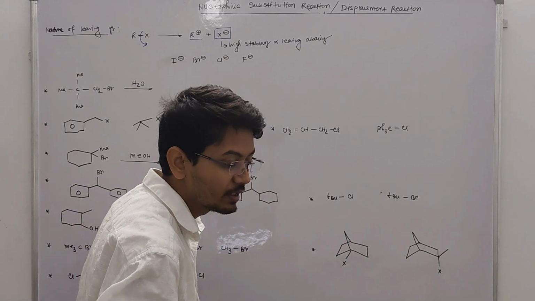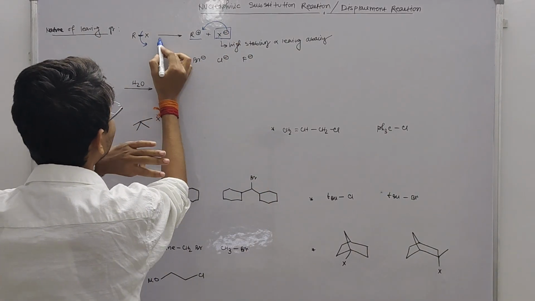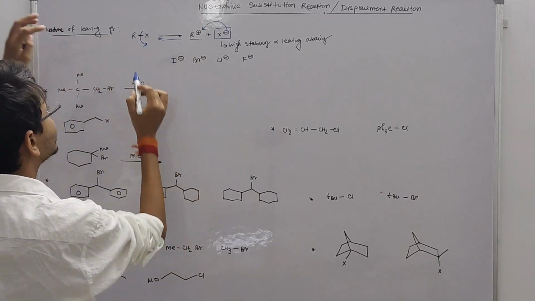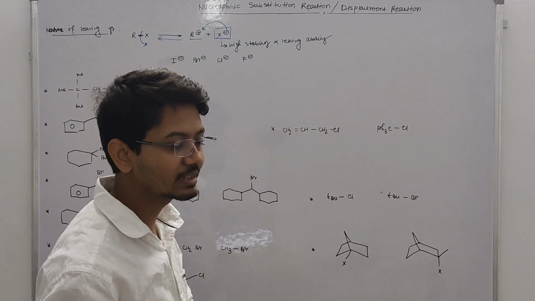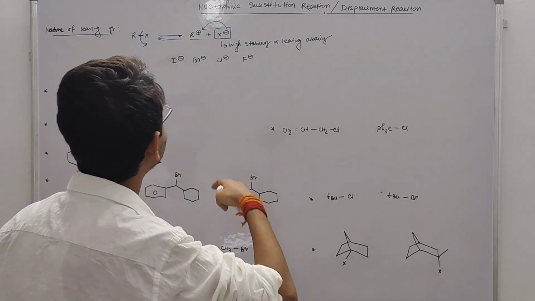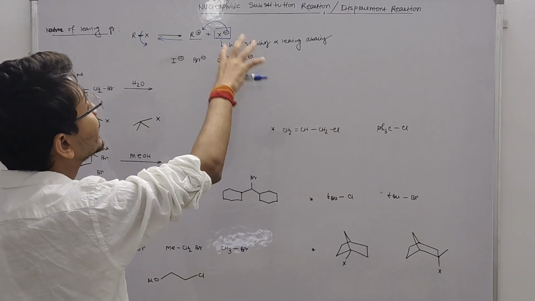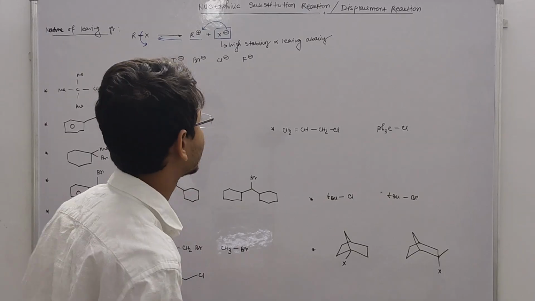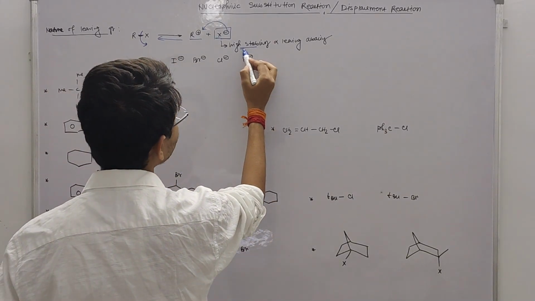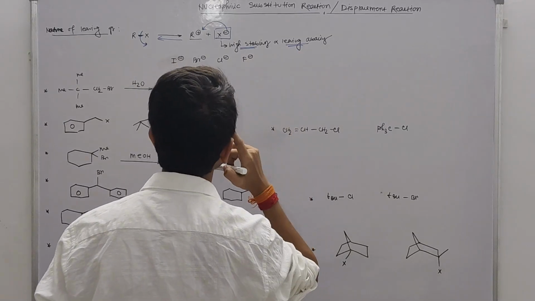If X minus is not stable, then X minus will again attack and regenerate this RX, right? So if X minus has high stability, then the leaving group ability is high.